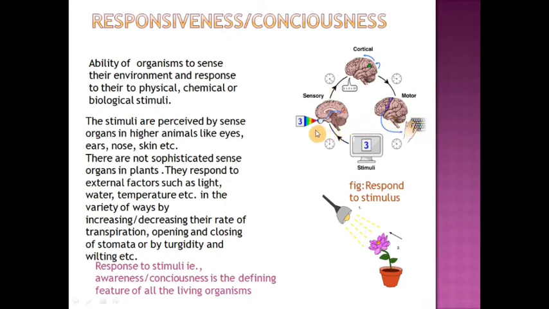In the case of a plant, there are no sophisticated sense organs. They only respond to the external environment such as light, water and temperature, and they show their response in the form of increasing or decreasing the rate of transpiration, opening and closing of stomata, or turgidity and wilting, etc. Response to stimuli, or awareness or consciousness, is the defining feature of all living organisms.